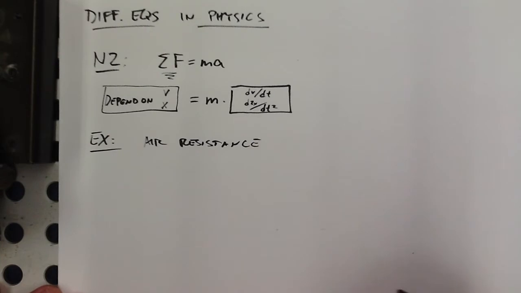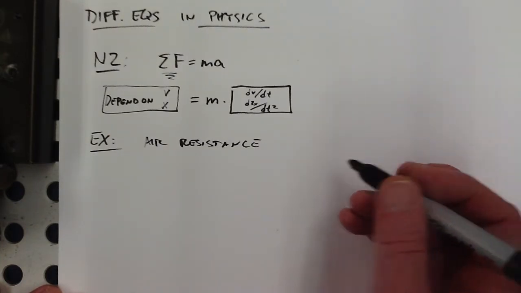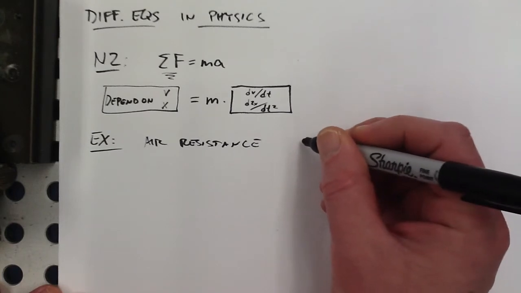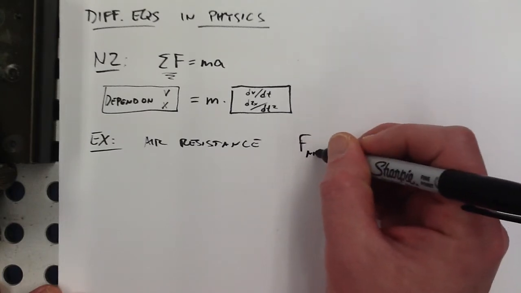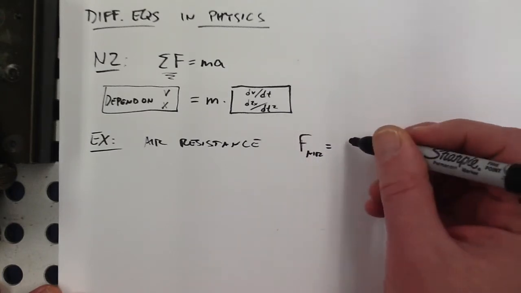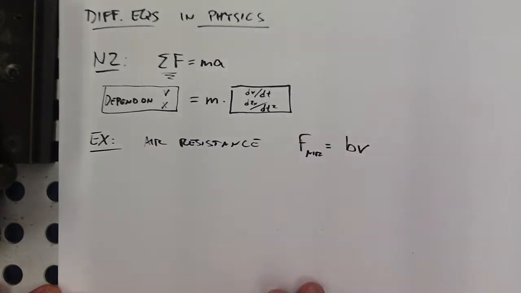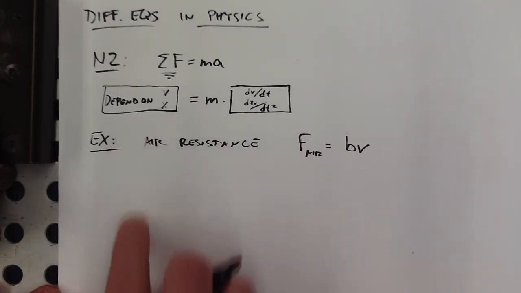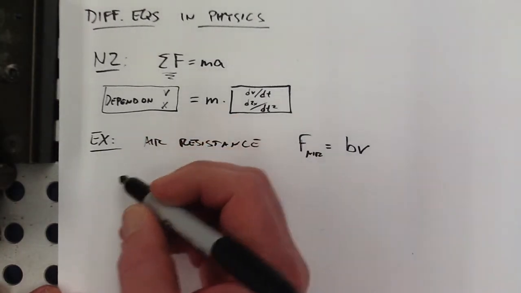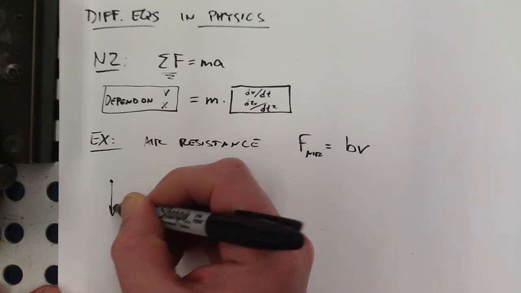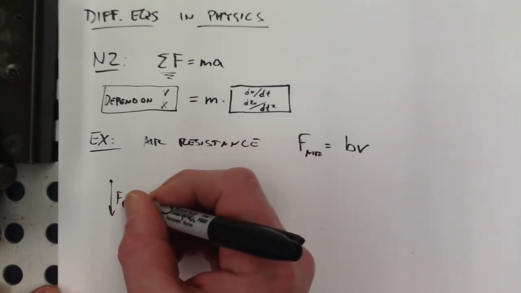So air resistance is often modeled by the force of air resistance being equal to some constant times velocity. Right, so the faster you're going, the more air resistance you have. If something was just falling straight down, then it would have a force of gravity on it.